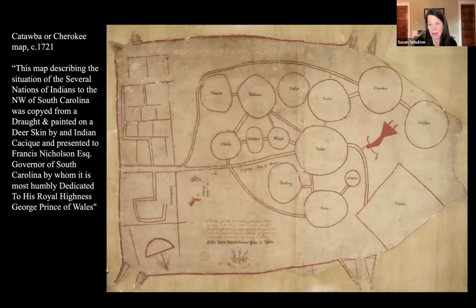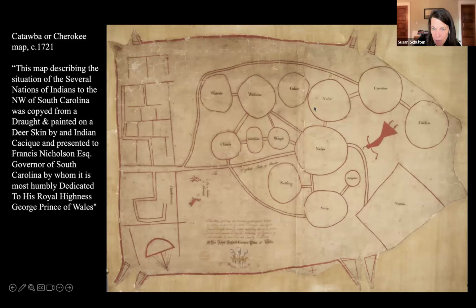It's a complicated document. We can debate whether it is a map in the way that we understand a map. But to me, it's a fascinating document for what it says at that moment about the relationship between those tribes and this new, very fragile colony of South Carolina.